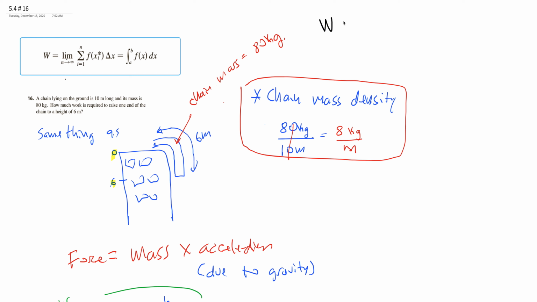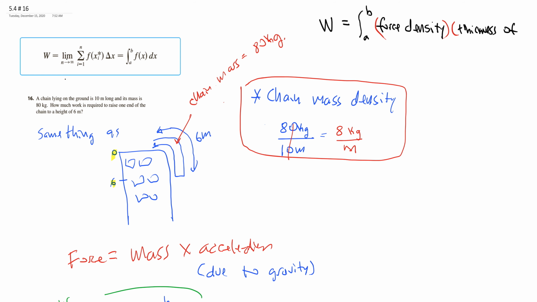work is equal to the integral from A to B of force density times thickness of slice times variable distance traveled.